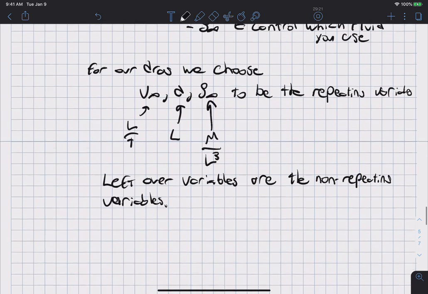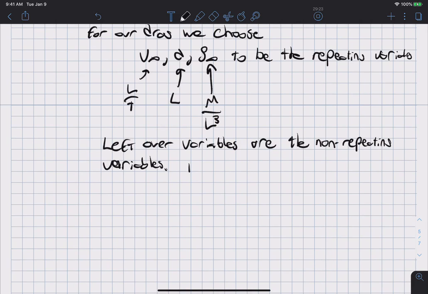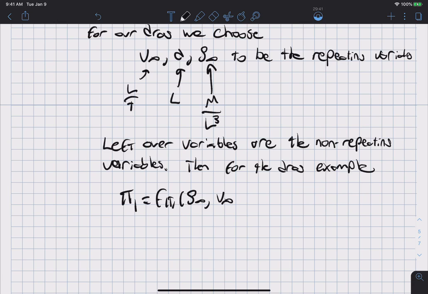Okay, so then for the drag example, pi 1 equals some function of pi 1, and that's a function of our repeating variables, which we've chosen to be rho infinity, V infinity, D, and our non-repeating variable, and the first non-repeating variable is the quantity of interest, our QOI.